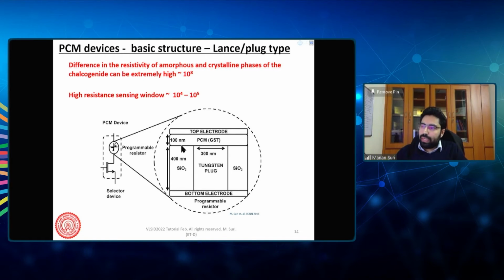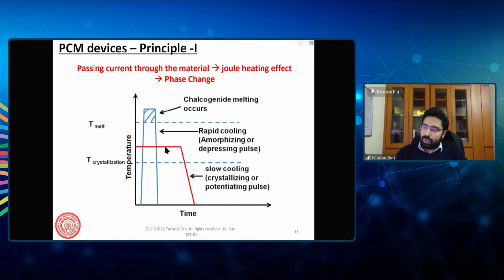So you indirectly create this temperature profile through your electronic pulse. Your reset pulse would be of this shape and your set pulse of this shape, which would lead to crystallization or amorphization in the technology. That is how to program it into 1 or 0.